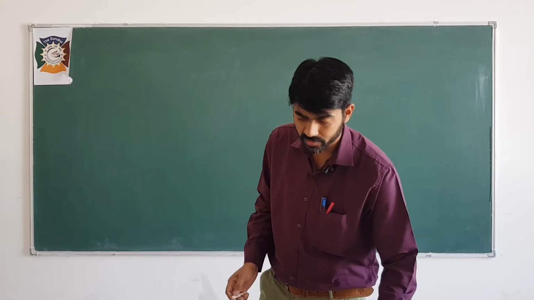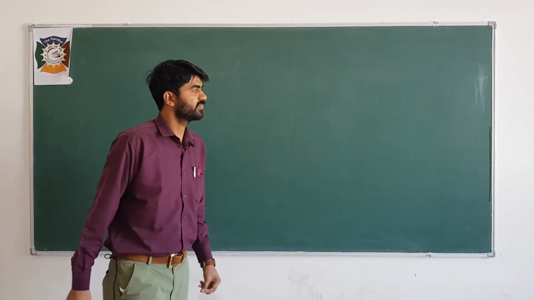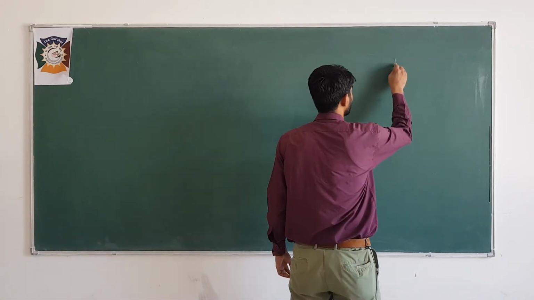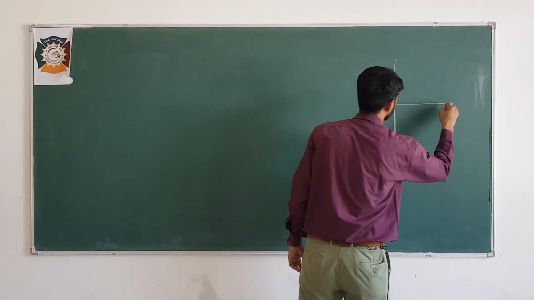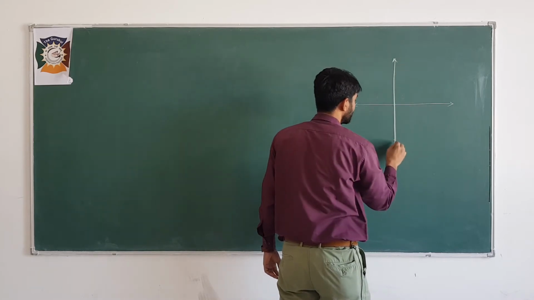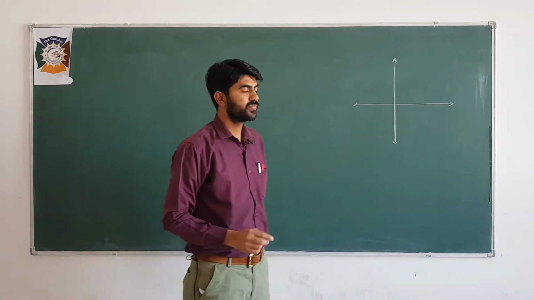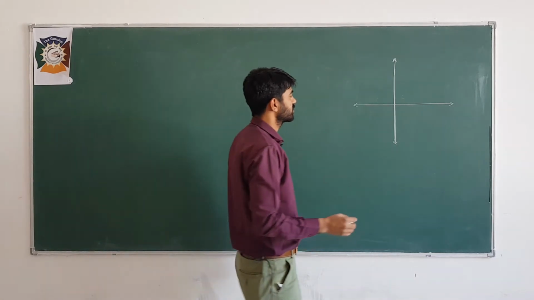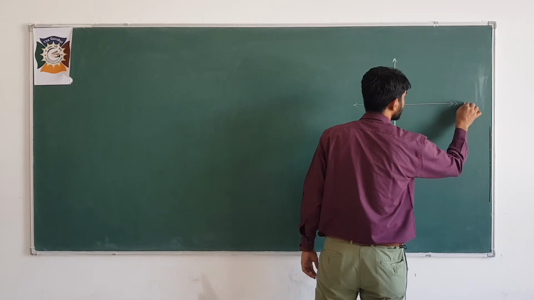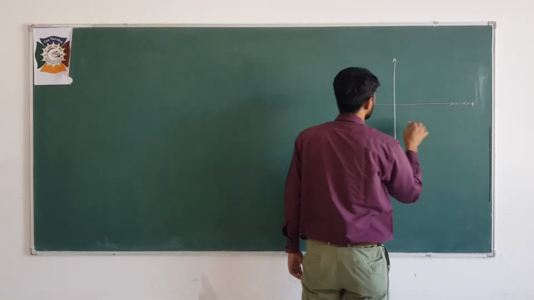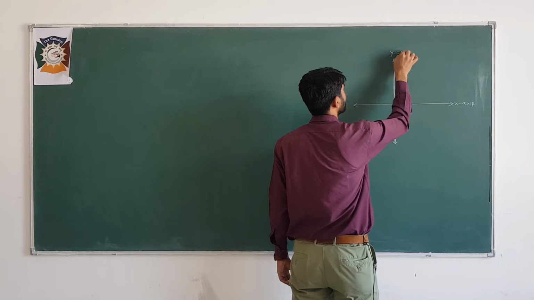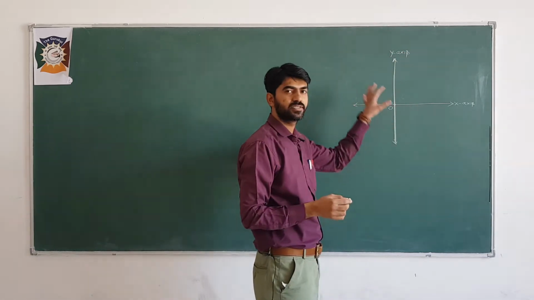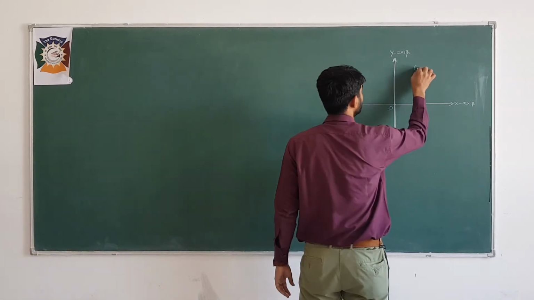Coordinate geometry was there in class 9 also, and the things you might have learned in coordinate geometry, that if we divide a plane into 4 parts by drawing two mutually perpendicular axes, and we name them x axis, y axis, and this is origin, and these parts are called quadrants.